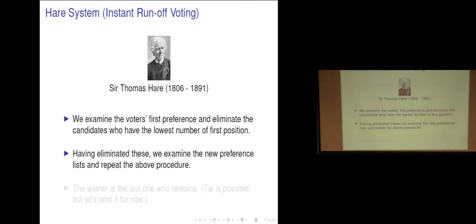Basically, we look at the profile, eliminate the least preferred person, then look at the remaining situation, choose the least one, remove them, and continue. The winner is the last one who remains. It is possible to have a tie, but let's make our life easier and not discuss the tie situation.